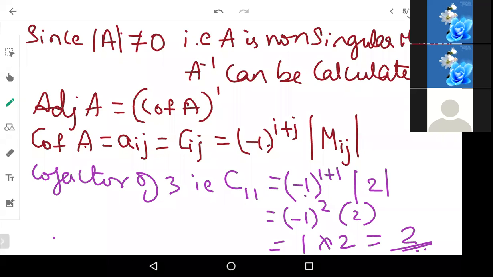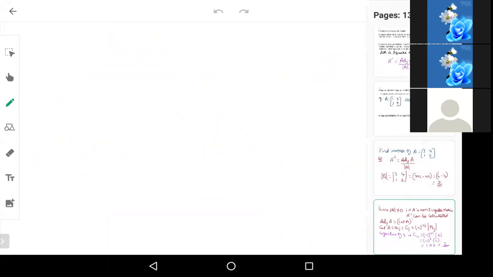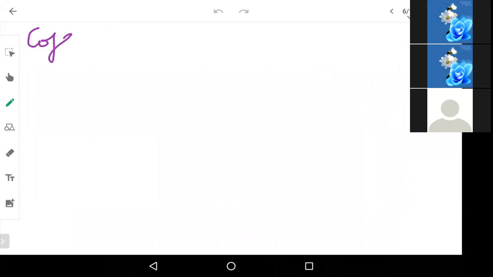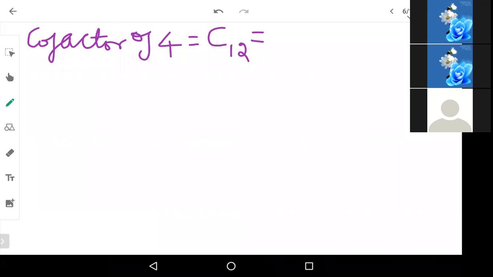Very good. Correct, 2. Now let us find the next cofactor, cofactor of 4. This is in the first row, second column, so it equals minus 1 to the power first row, second column.